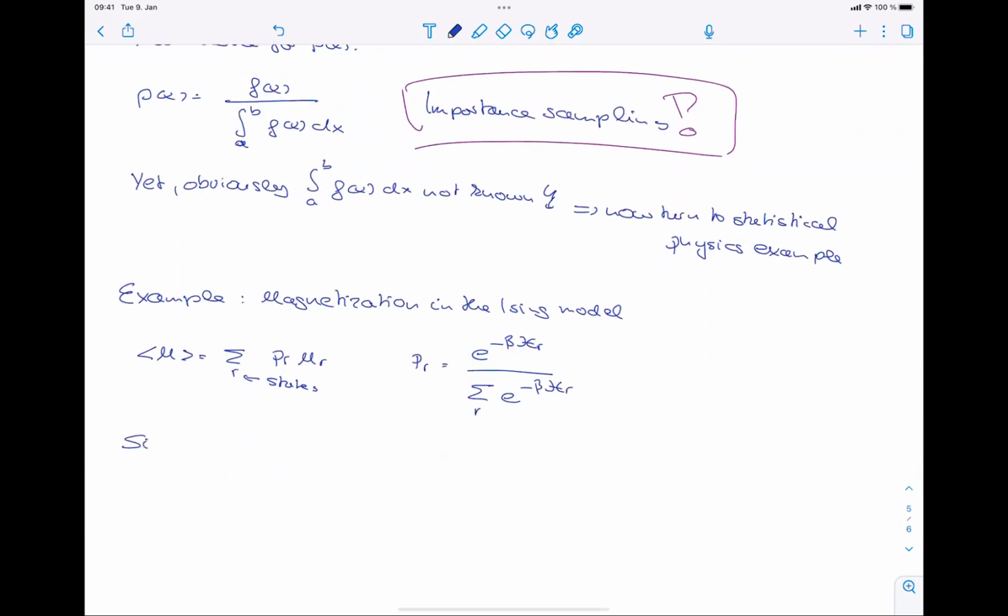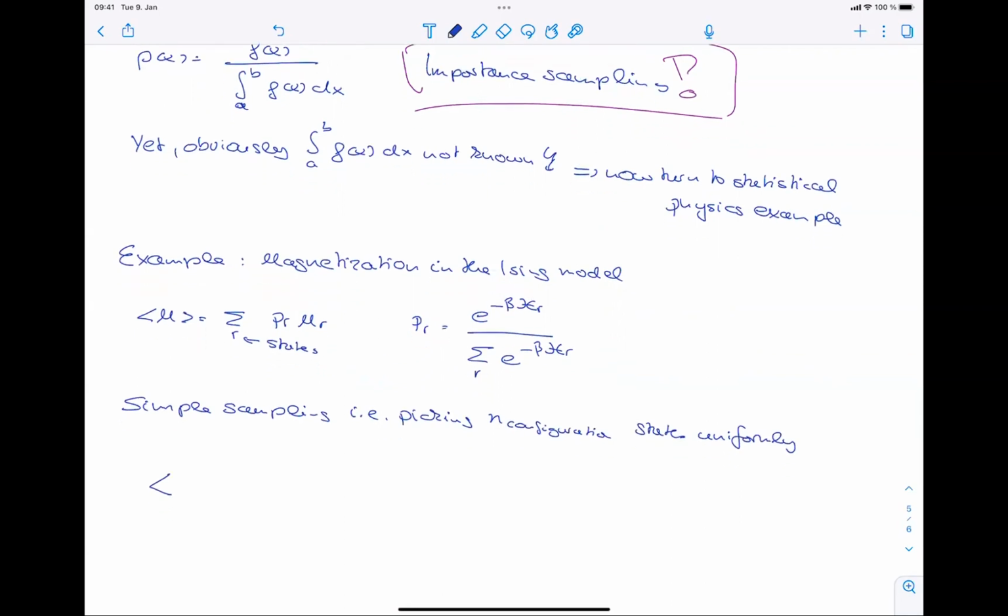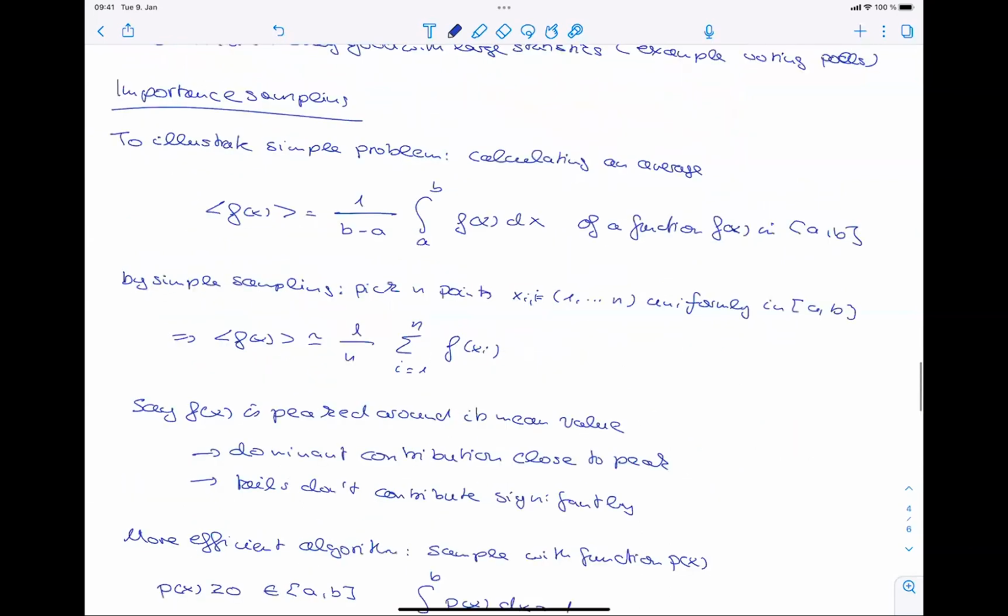In this context, simple sampling, i.e. picking n configuration states, we go back to the notation as before, right?